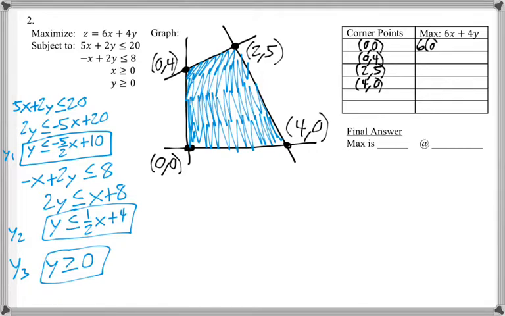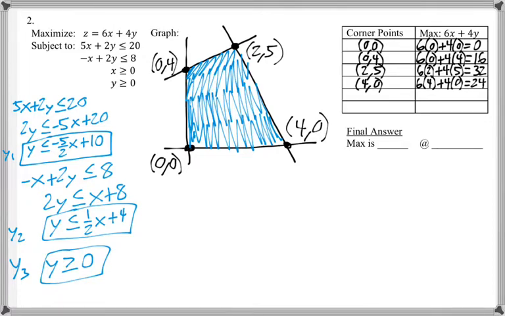So 6 times 0 plus 4 times 0 is 0. 6 times 0 plus 4 times 4 is 16. 6 times 2 plus 4 times 5 is 32. And 6 times 4 plus 4 times 0 is 24.